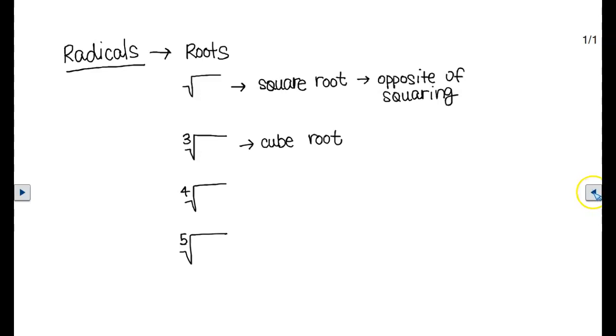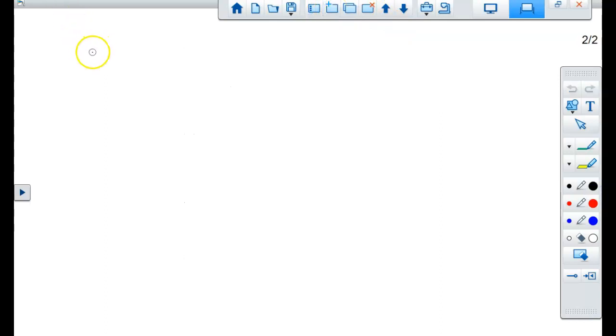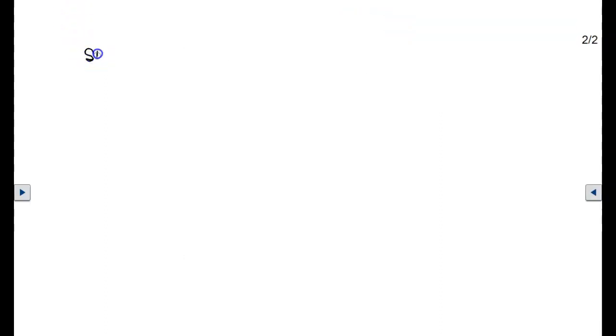These are all examples of radicals. And notice that they undo raising a number to a power. So today we are going to work specifically with the square root, and we want to learn how to simplify square roots.